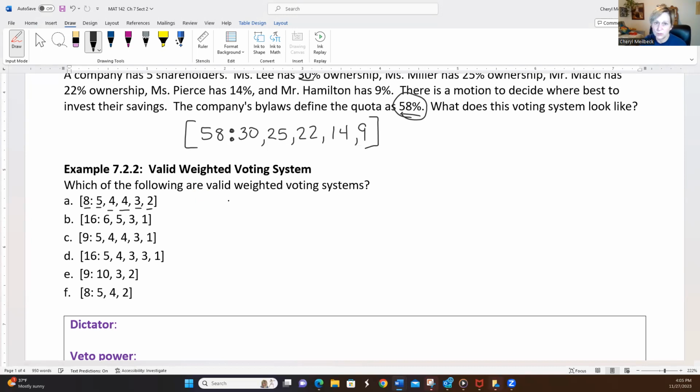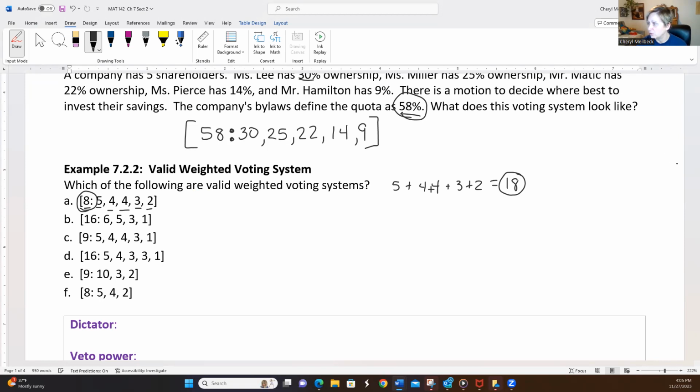Well, one thing we always do to see if a system is valid is we add up those weights. So if we take 5 plus 4 plus 4 plus 3 plus 2, we're going to get 18. Now it says our quota is 8 and our total amount of votes is 18. That is not even half, because half of 18 is 9.